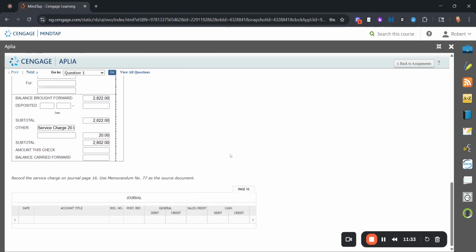Okay, so the last thing we have to do is for our business record keeping, our transactions journal. We've got to keep track of all the finances, so we've got to account for that $20. Now we're away from the checkbook side of it to the actual accounting side of it. So August 29th. And this service charge is going to be labeled as a miscellaneous fee, so it's going to be a miscellaneous expense.